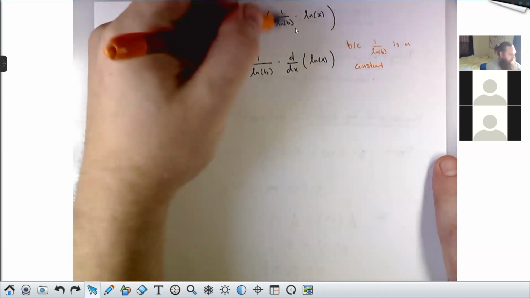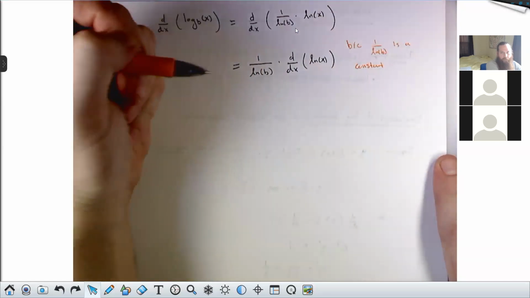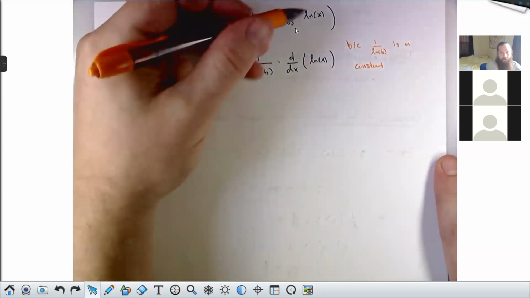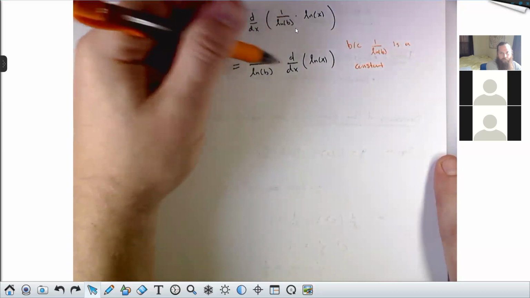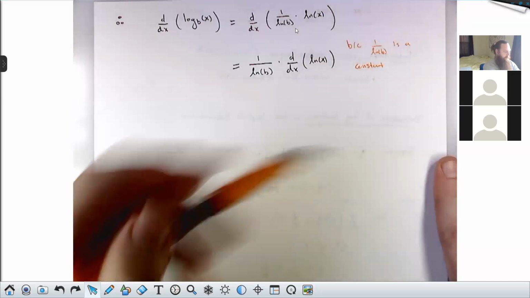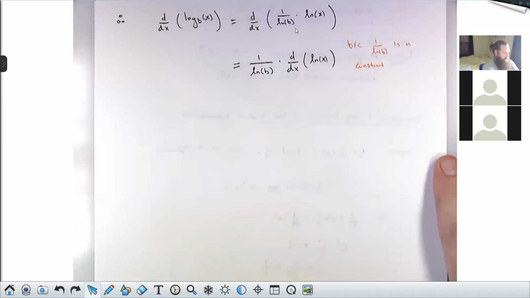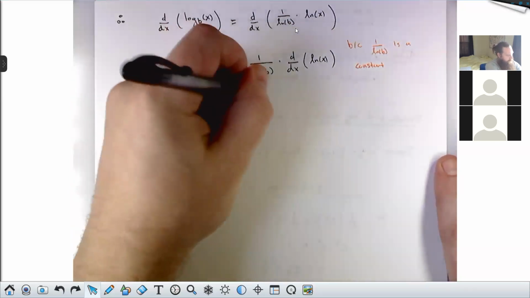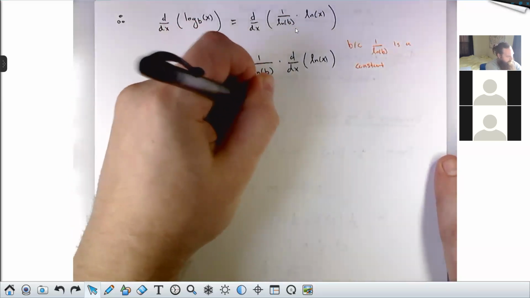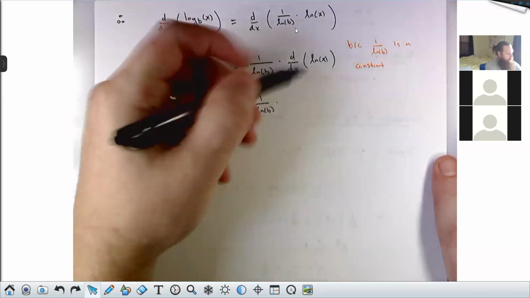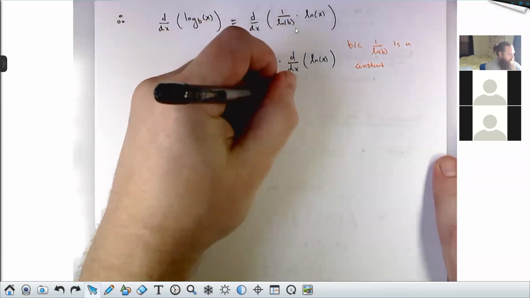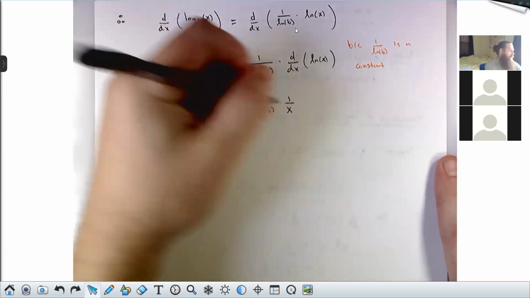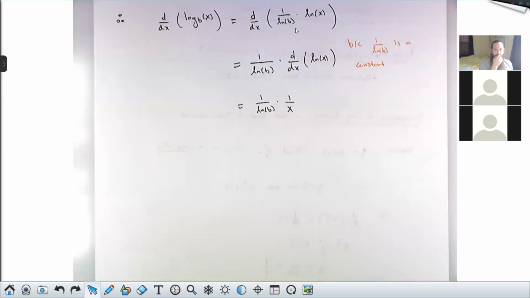So 1 over the ln b is like 5. If you want to differentiate 5 times ln x, you just pop out the 5 and differentiate ln x. Now, is it always going to be 5? No, but it is always going to be a constant. So we get 1 over the ln of b times the derivative of ln x, which we just found is 1 over x. Yes, exactly. Beautiful.